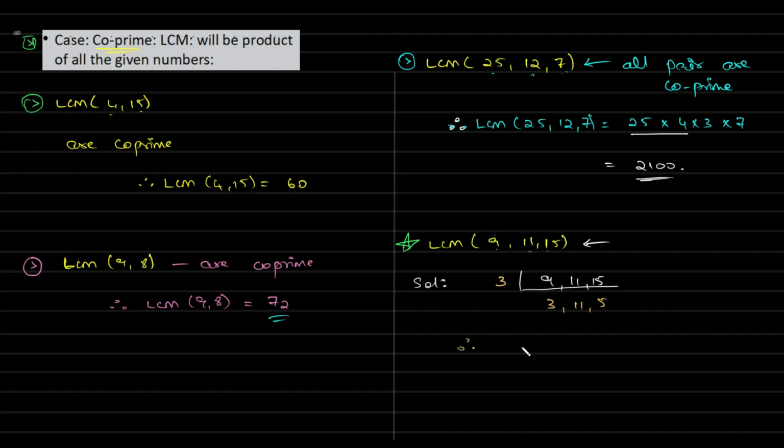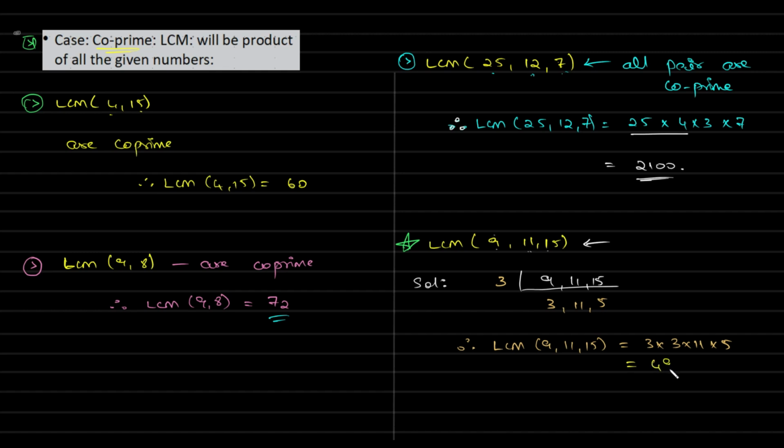Therefore, the LCM between 9, 11 and 15 is 3 into 3 into 11 into 5. Again, be smart. Check what multiplication is easy. Well, I feel 3 into 3, that is 9, into 5 is 45, and 45 into 11 is quite simple.